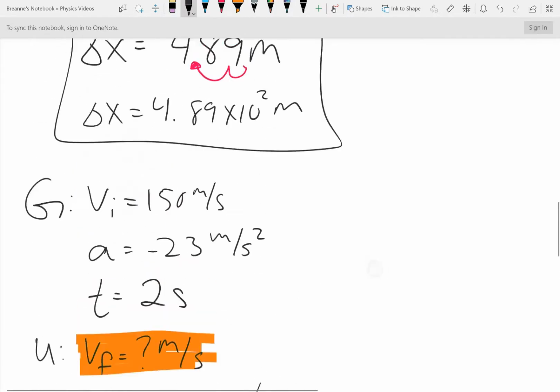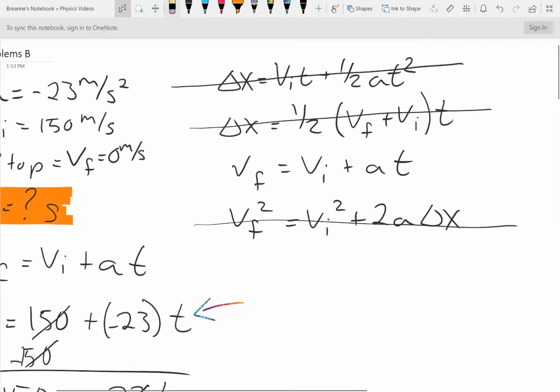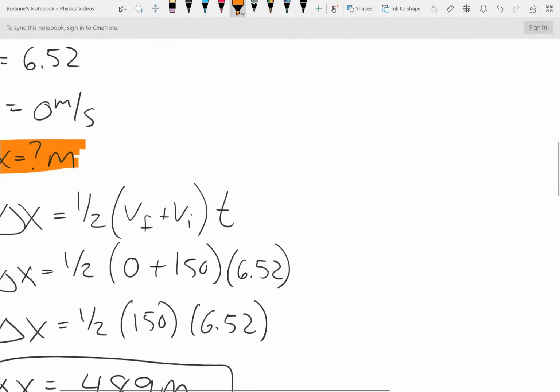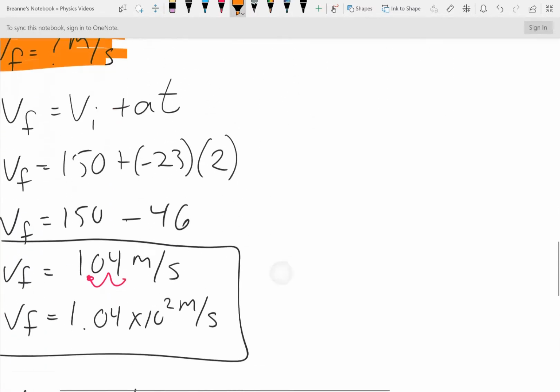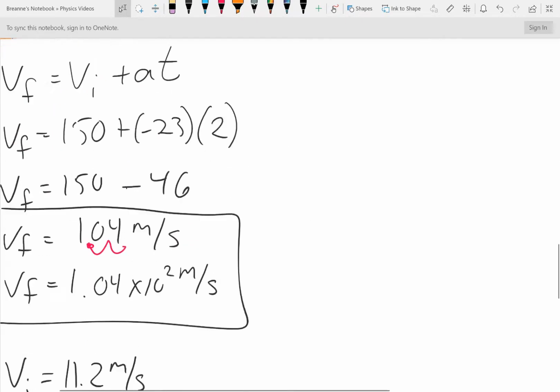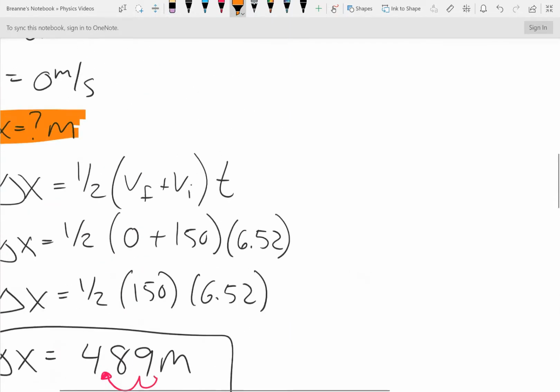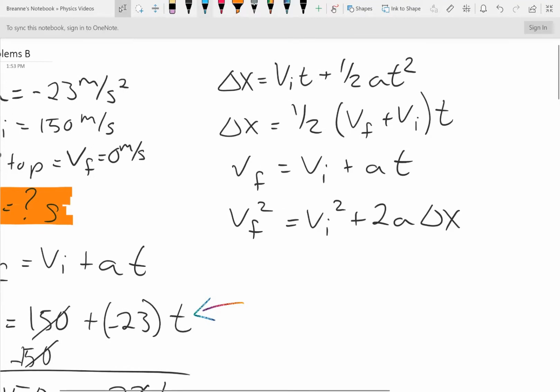Let's go back to our equations, not our handy-dandy calculators quite yet. Our equation has to have acceleration in it. If the equation does not have acceleration, we cannot use it.